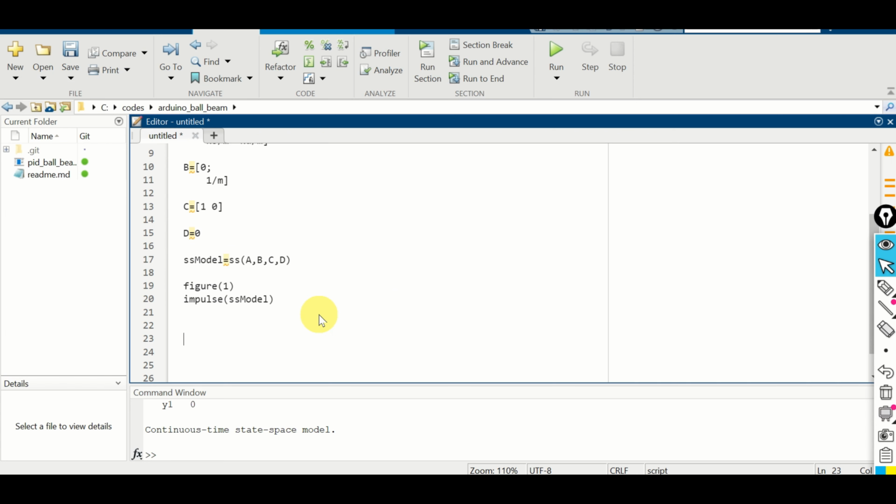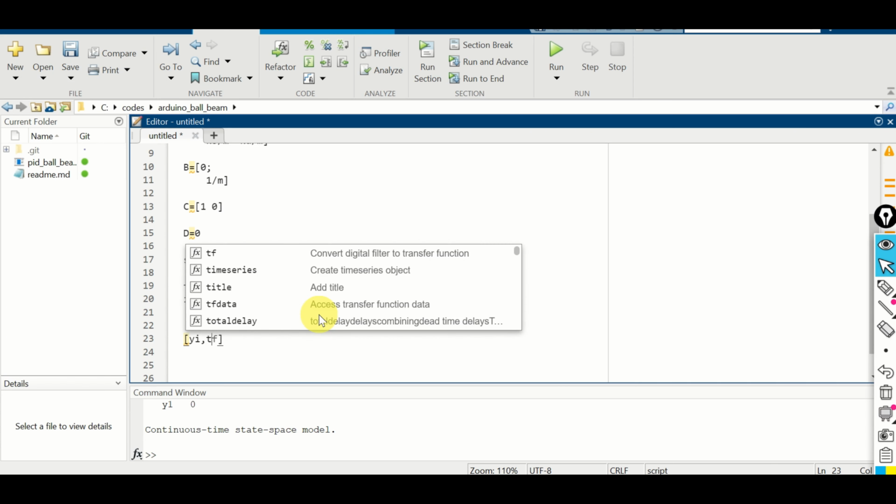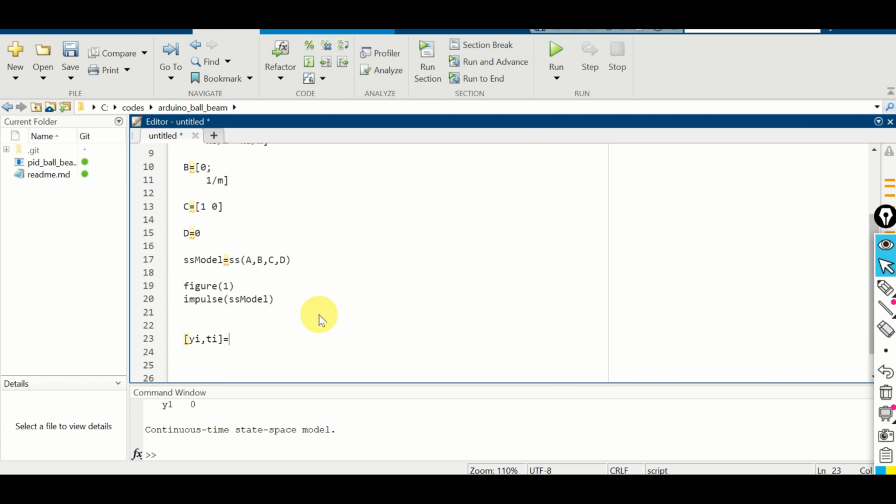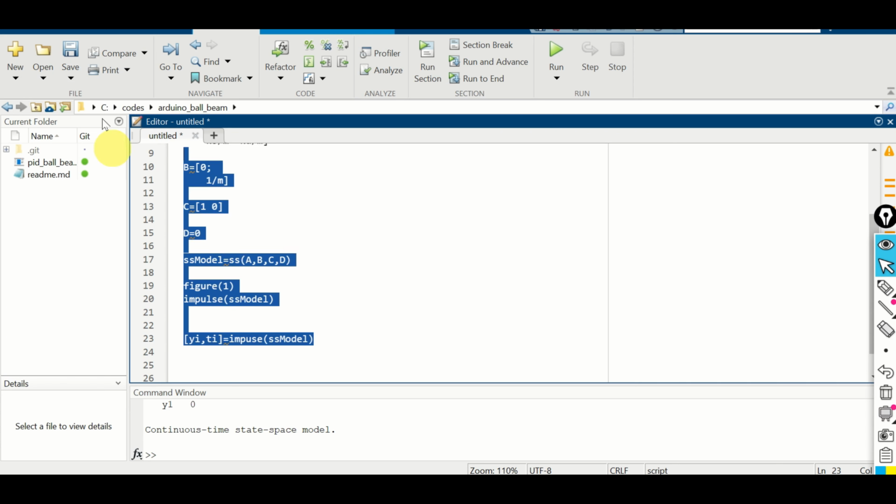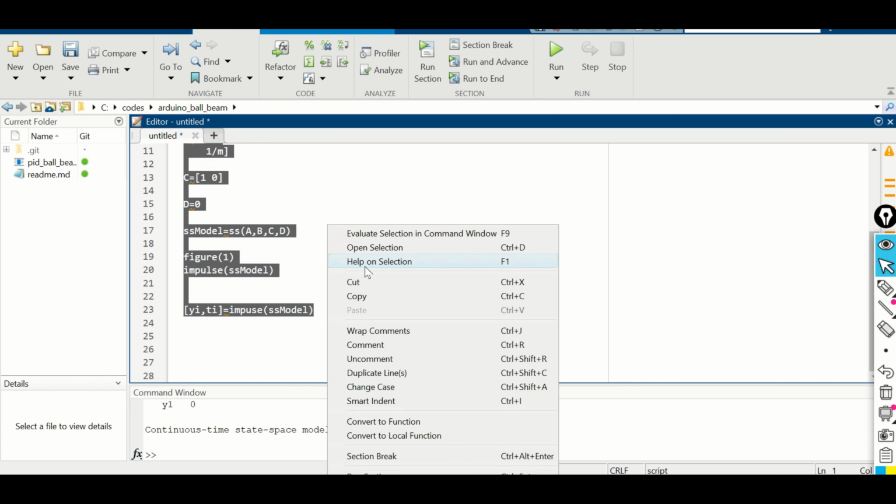And over here, let's extract this impulse response. We can extract the impulse response by simply defining the output and the time of simulation, and the impulse function will actually return yi and ti. And again, as the input, we specify our state space model. That's it. Okay, after that, let's first execute this, then let's continue.